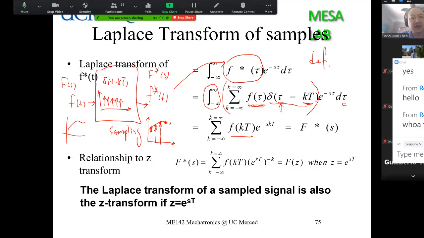When tau equals kT, delta is not 0. So this f of kT is like this. Same thing, tau has to equal kT. Otherwise, everything is 0, okay?